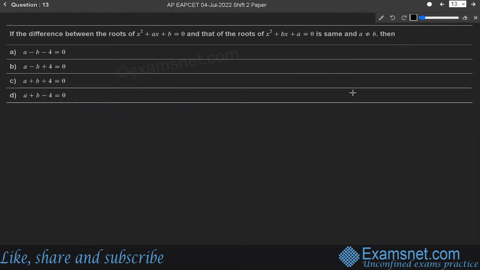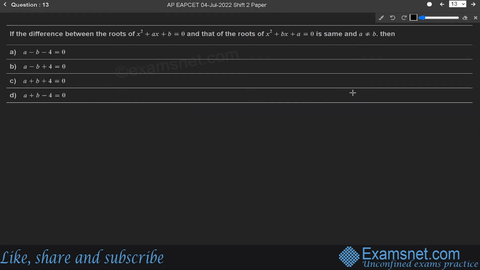Next question is, if the difference between the roots of x square plus ax plus b is equal to 0 and that of the roots of x square plus bx plus a is equal to 0 is the same and a is not equal to b, then we have to find which of these equations satisfy the given both equations. So here the roots are not given. It is only given that the differences between the roots are equal.